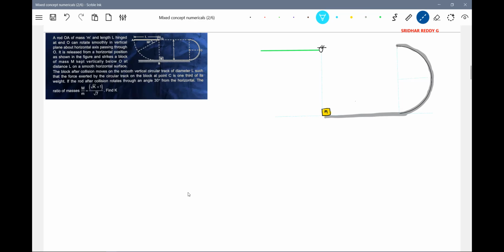It's telling that if the rod after collision rotates to an angle of 30 degrees from the horizontal, the ratio of masses m by m. Mass of the rod, let me choose that as m1, and the mass of this block, let it be m2. m2 by m1 is what is being asked. Collision occurs.